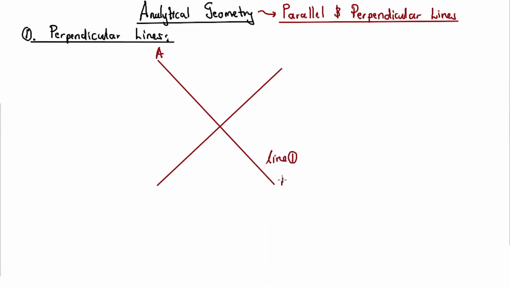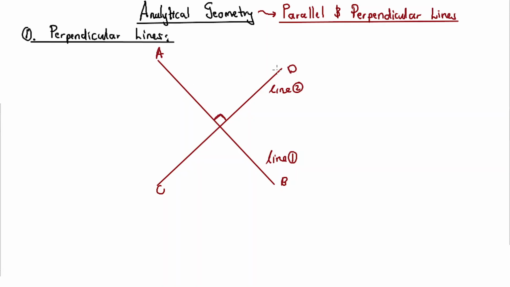It is line AB, and then let's call the second one line 2 with ends C and D. So when the lines are perpendicular, let's say we drew a straight line AB and drew another straight line CD.